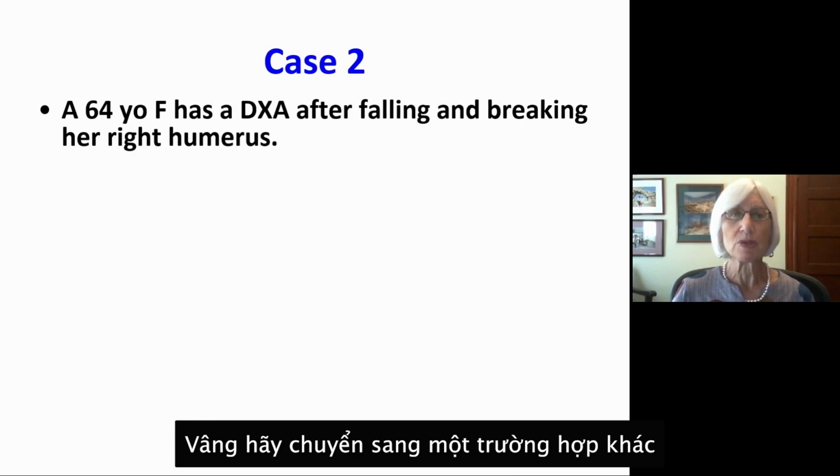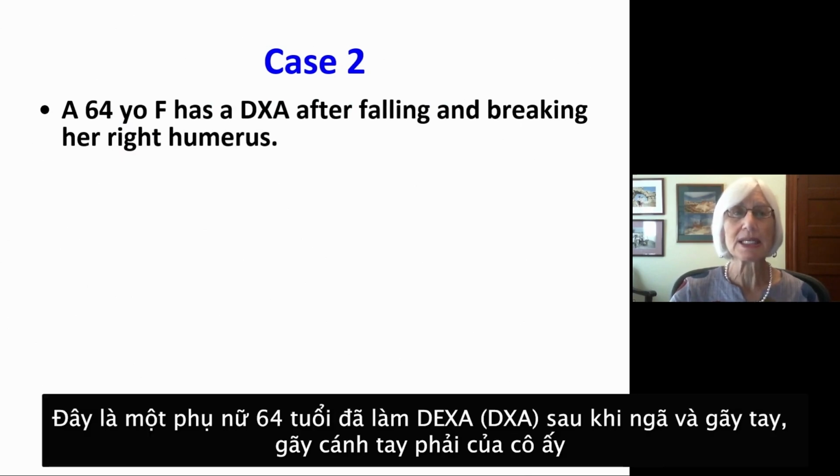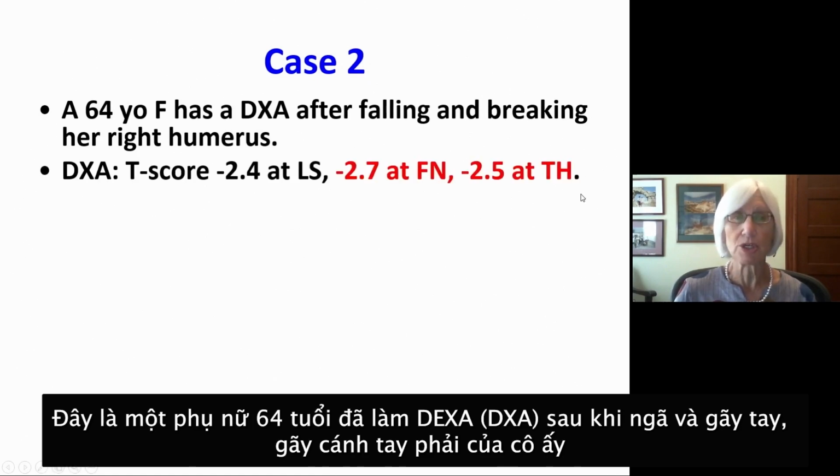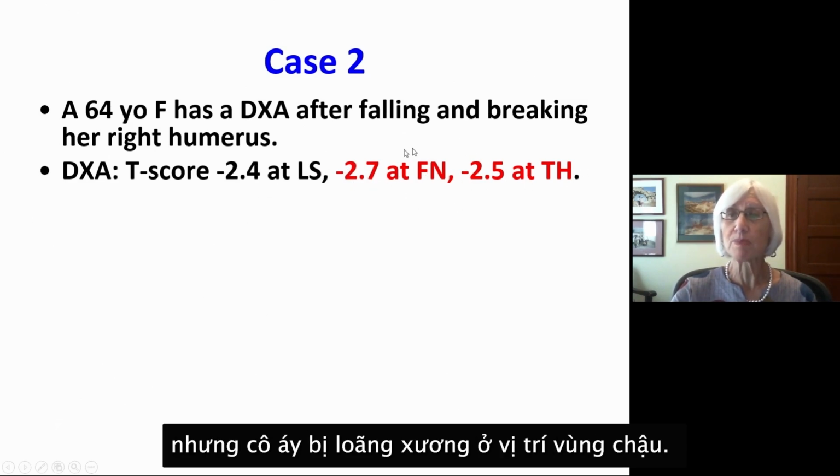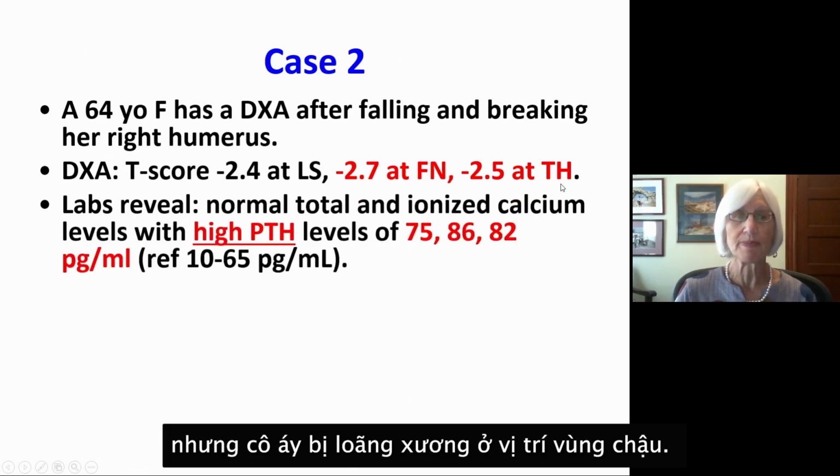So let's move on to another case. This is a 64-year-old woman who has a DEXA after falling and breaking her arm, her right humerus. This shows osteopenia at the spine, but she has osteoporosis at the hip sites.